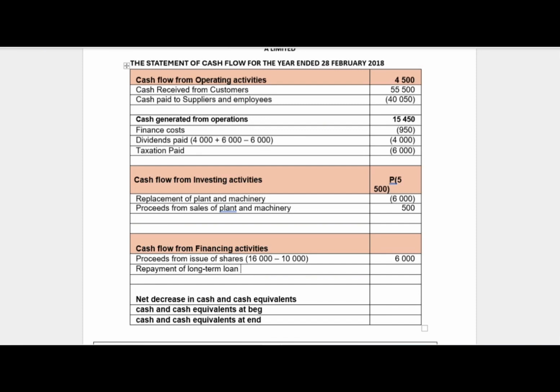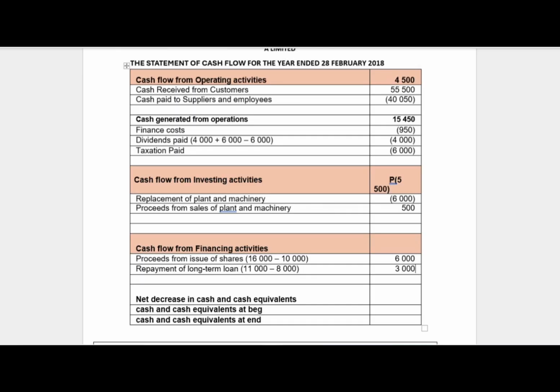And then the difference, you can also indicate you had 11,000 minus 8,000 because there's a decrease in loan. And then how much is the decrease? How much did you pay for your loan? 3,000. All right, 3,000.